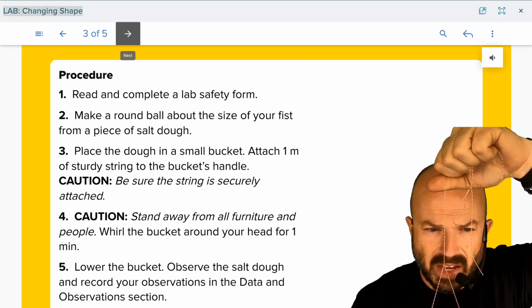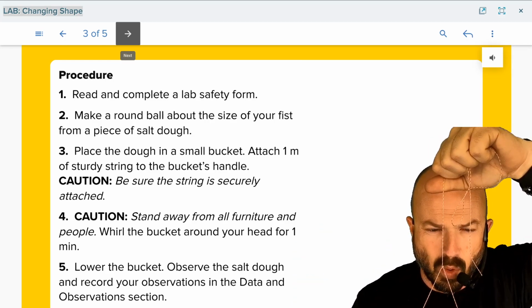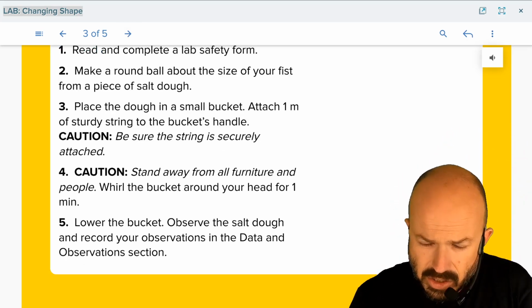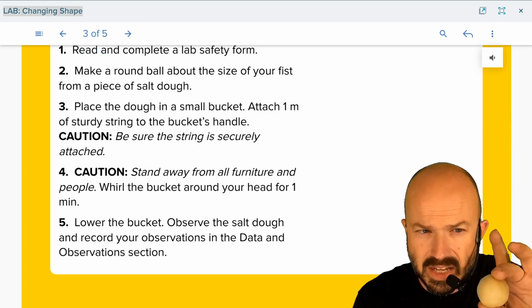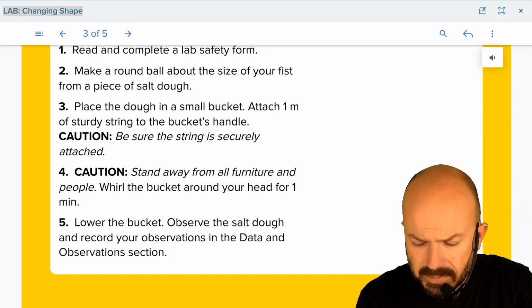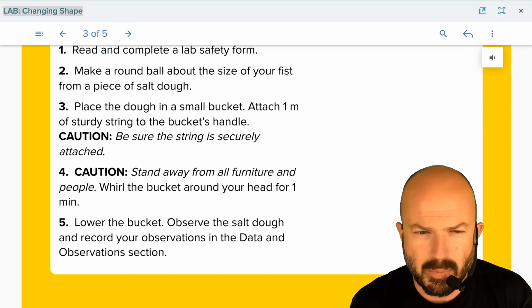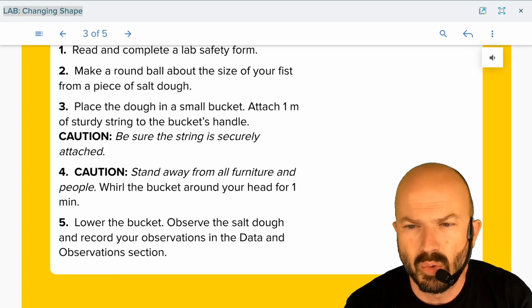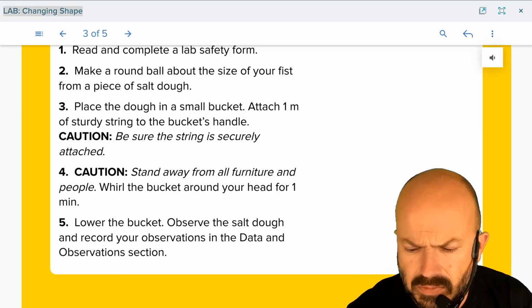I'm going to step back and I'm going to whirl the bucket, and we're going to see what happened to the salt dough. Hey, just so you all see, it's nice and round right now, right? What do you think is going to happen as it gets whirled? Ooh. Let's go to the classroom and find out.